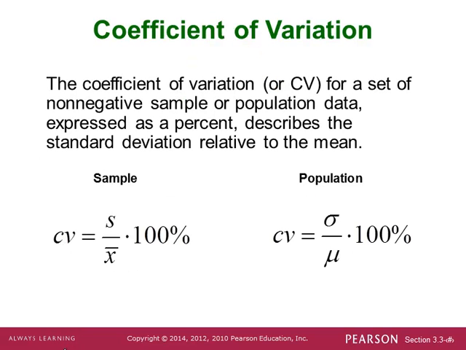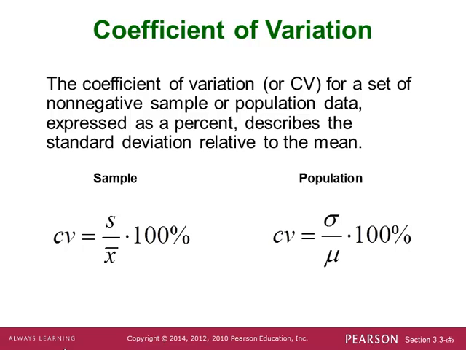Now, here's the last slide, and I'm just going to tell you this in passing, that if for some reason you are comparing standard deviations or variances between 2 data sets, and those 2 data sets don't have the same average value, then you should not be comparing those measures of variation against each other.